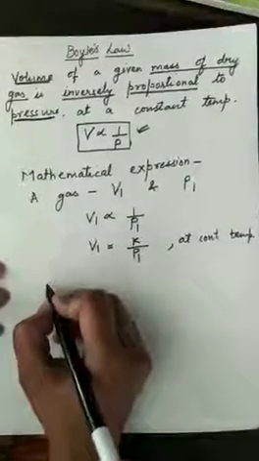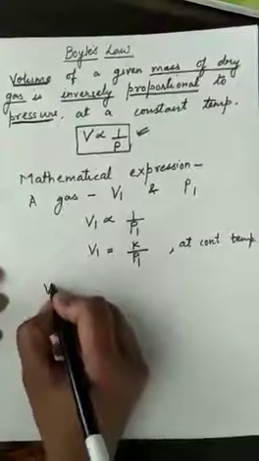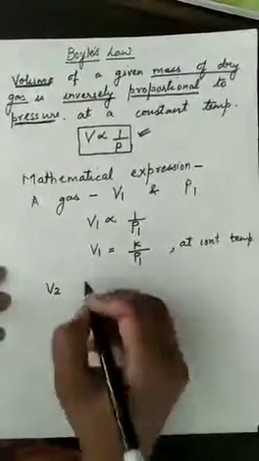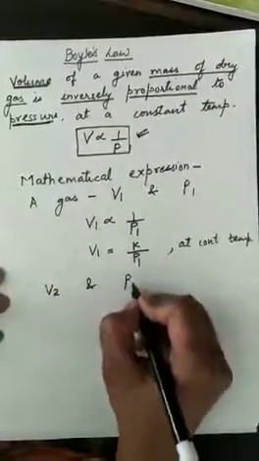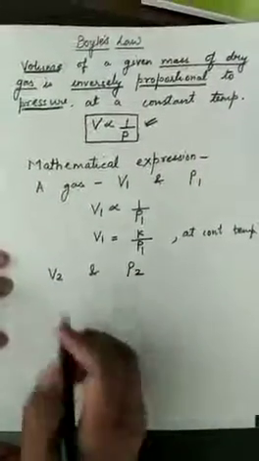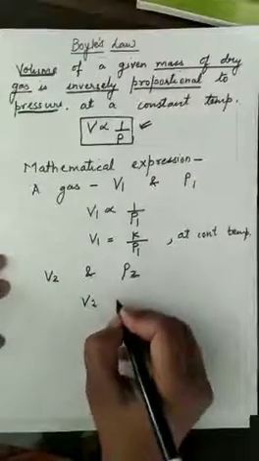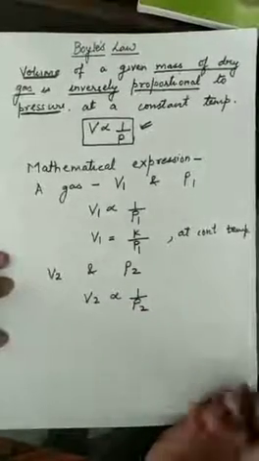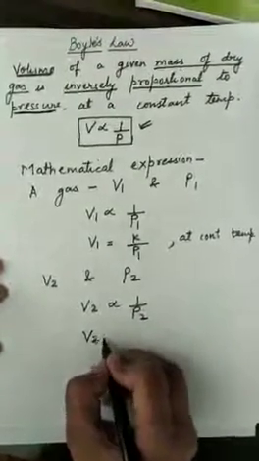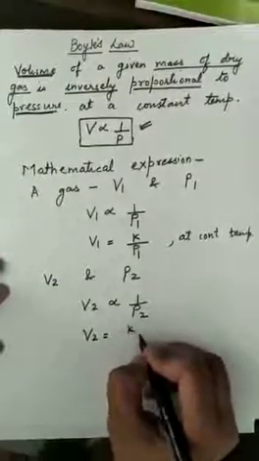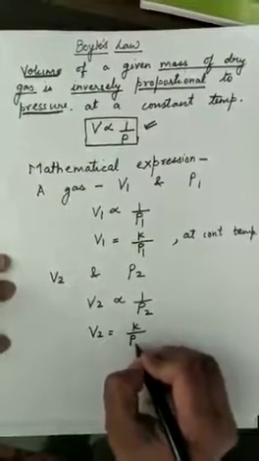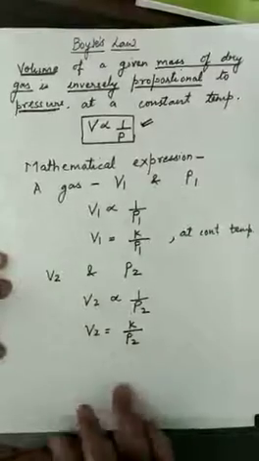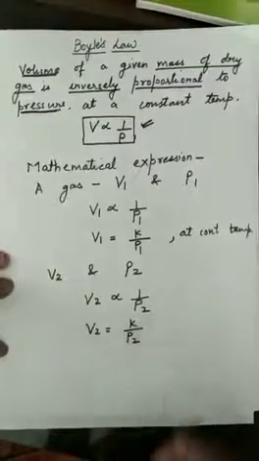Let's say again we take the same gas having volume V2 at pressure P2. Now V2 will be inversely proportional to P2. Again, to remove the proportionality sign, we put K, which is a constant, and it will come as V2 equals K upon P2.